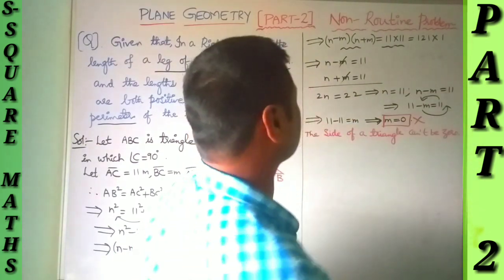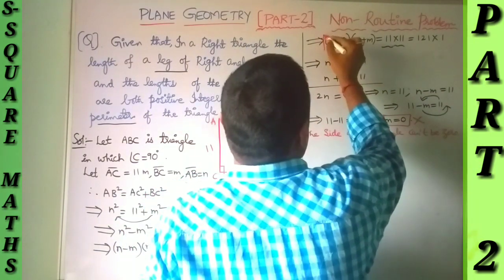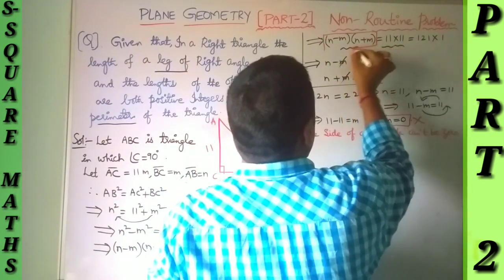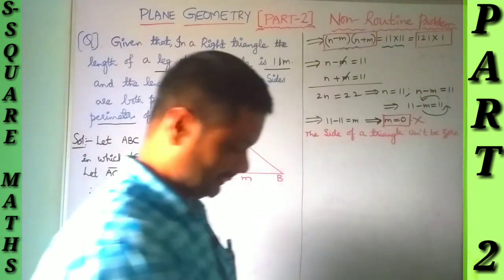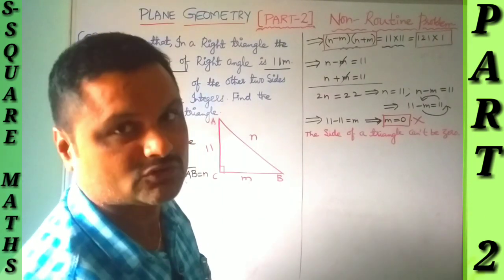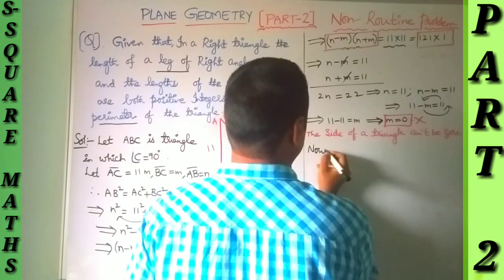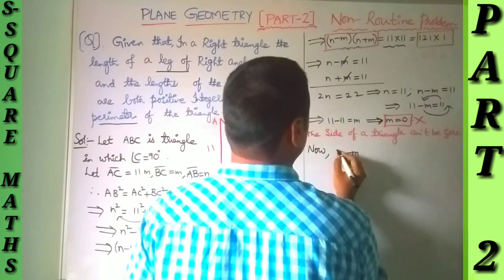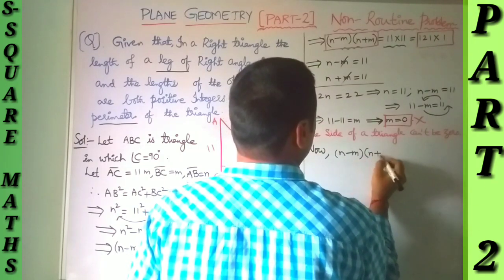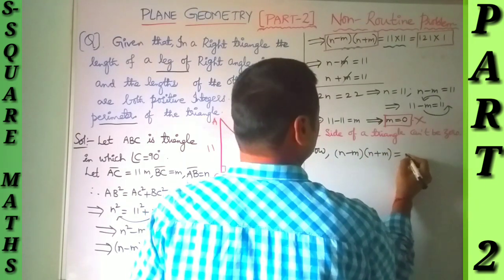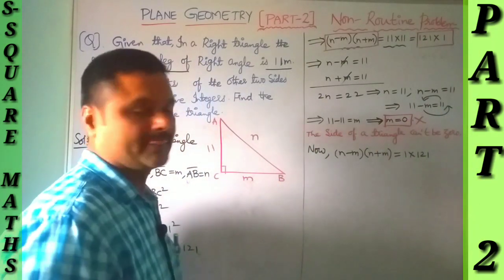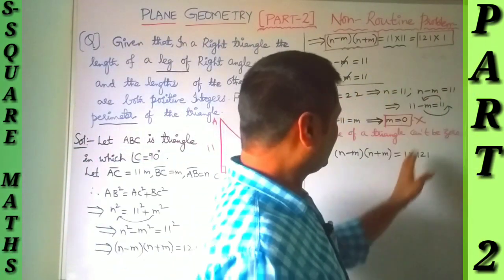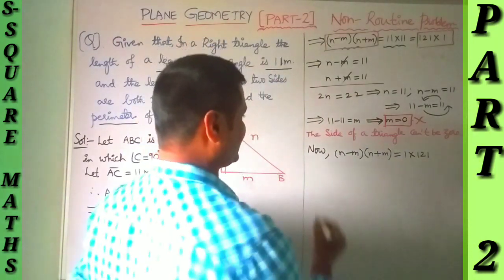Okay, so let us now consider n minus m into n plus m is equal to 121 into 1. Let us go through that part now. Now consider n minus m into n plus m is equal to 1 into 121. 121 into 1 or 1 into 121, but we will consider like this.